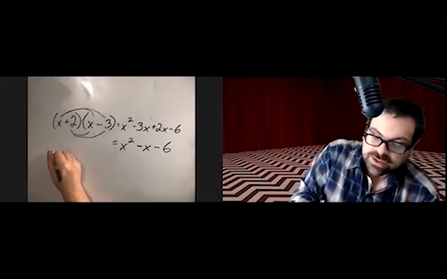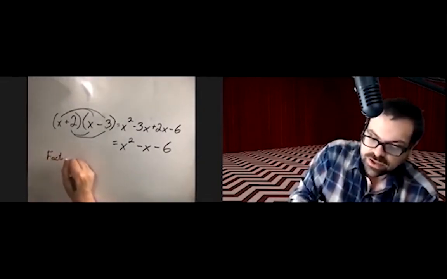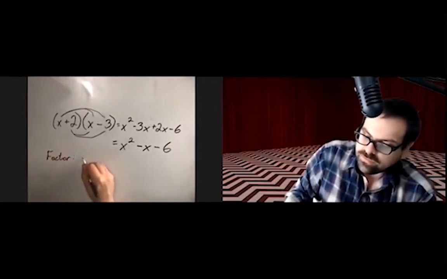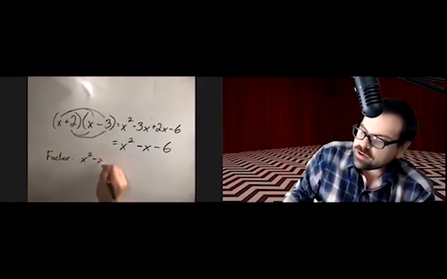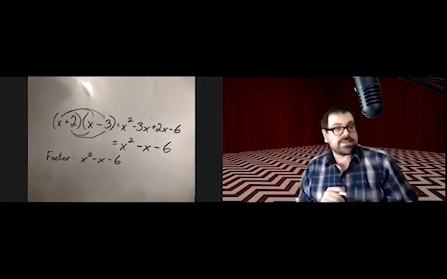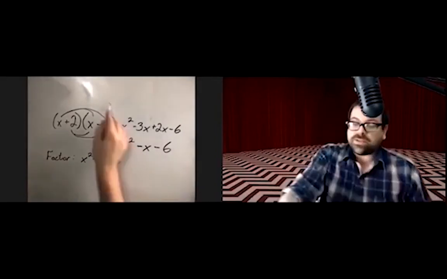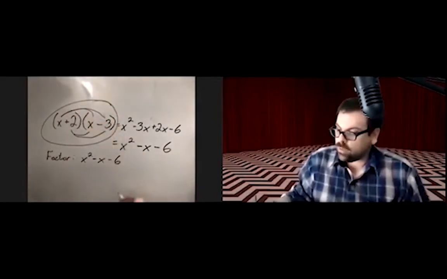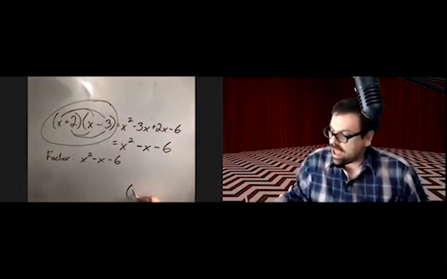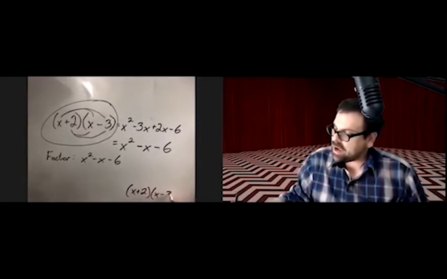So if we were asked to factor x squared minus x minus 6, the answer would be x plus 2 times x minus 3.